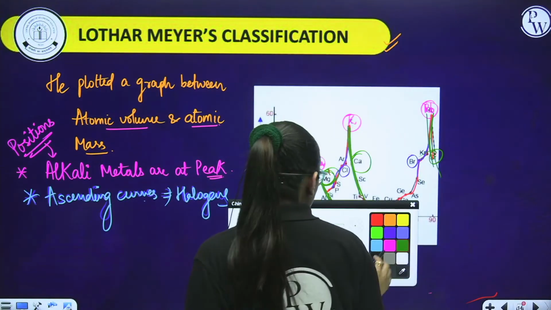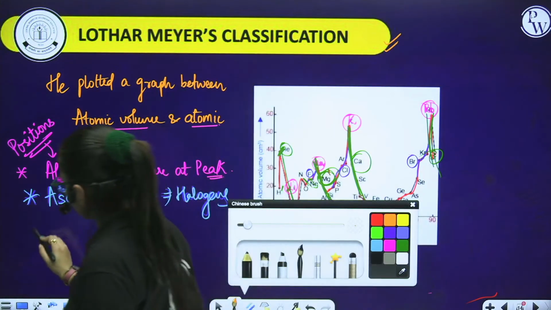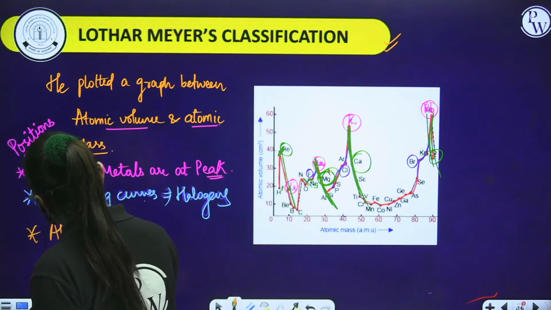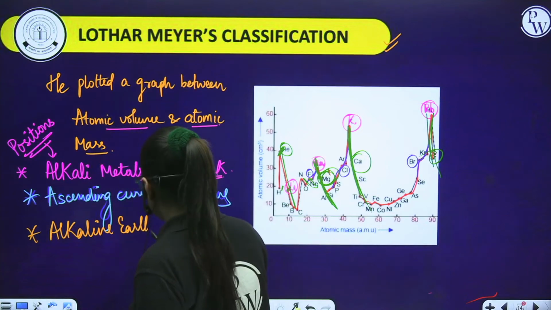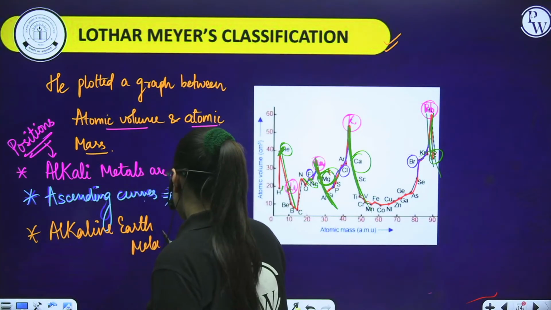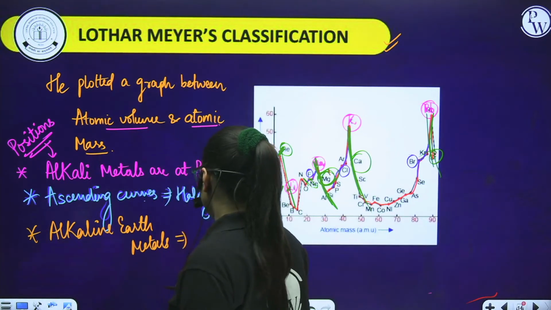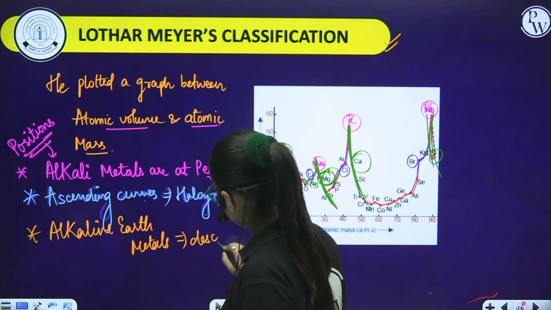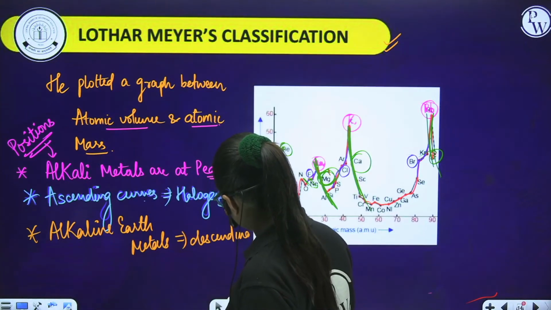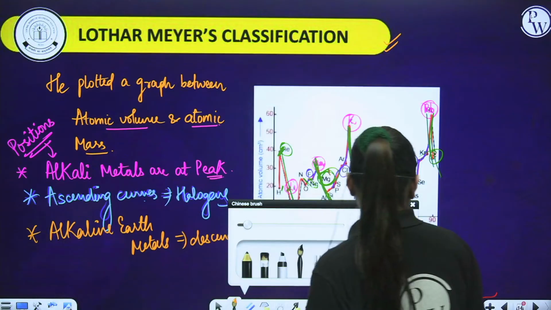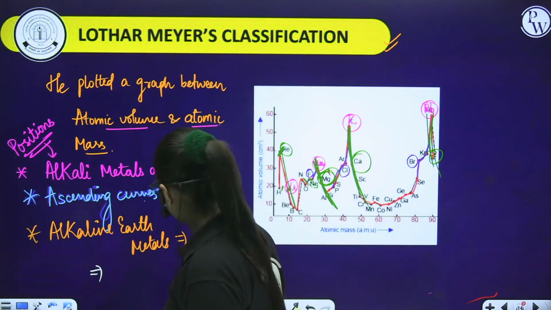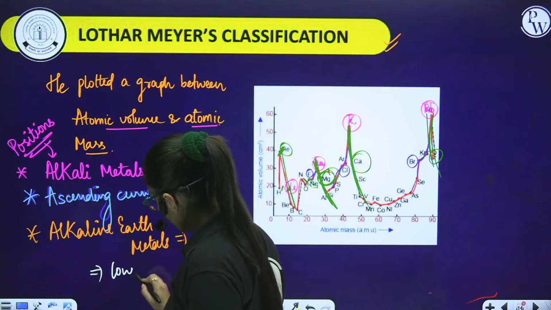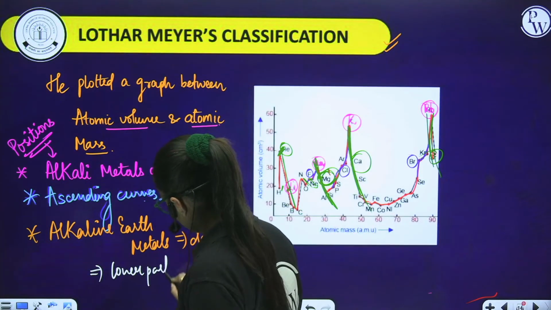So all the alkaline earth metals lie at the descending curves. And at the lower part are your transition elements.